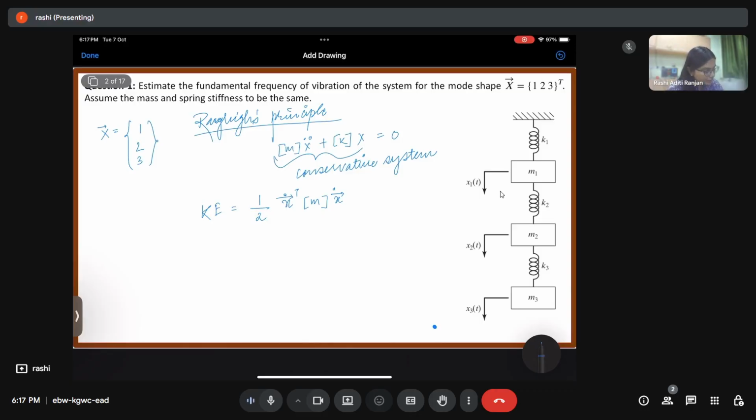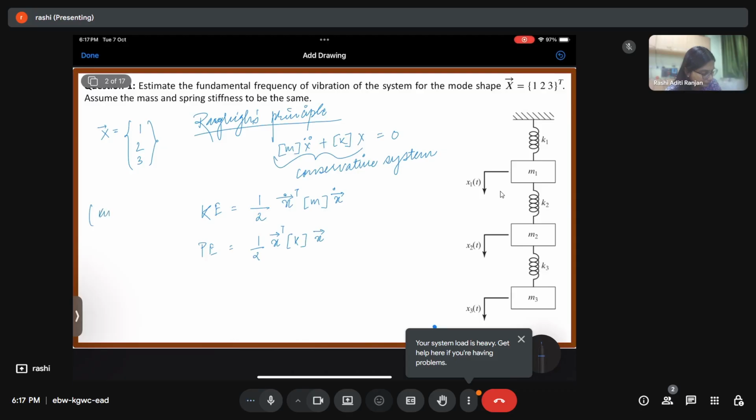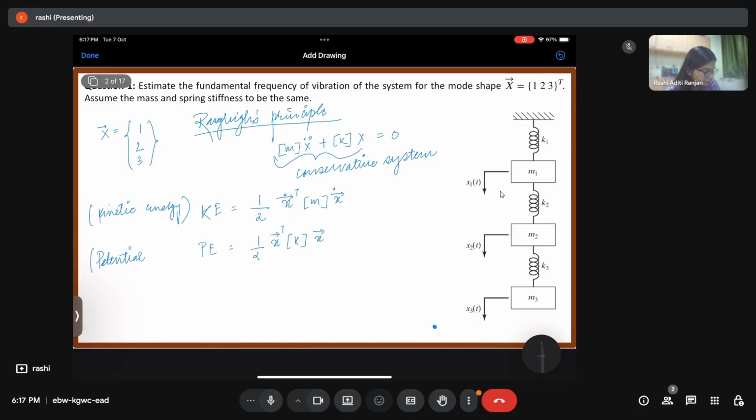Similarly, we can write the potential energy of the system as half x transpose k x. This is the kinetic energy, and this is the potential energy. I hope this is fine.